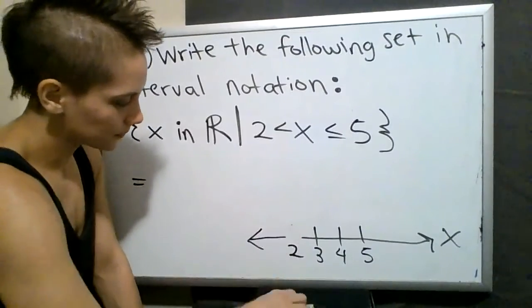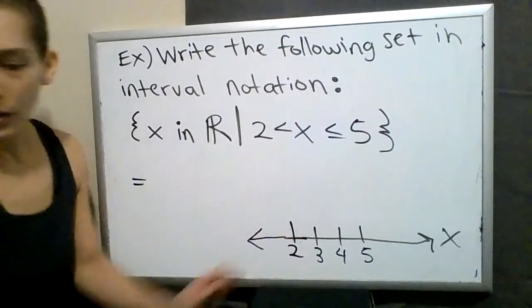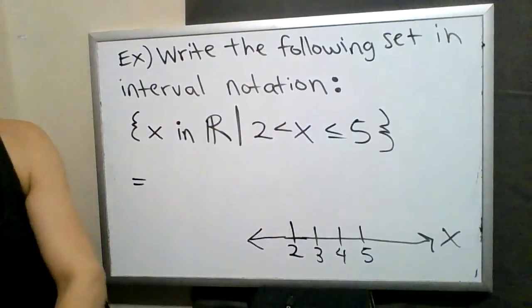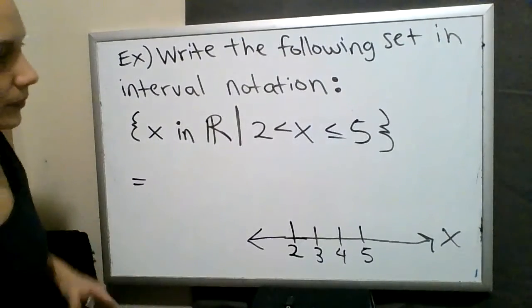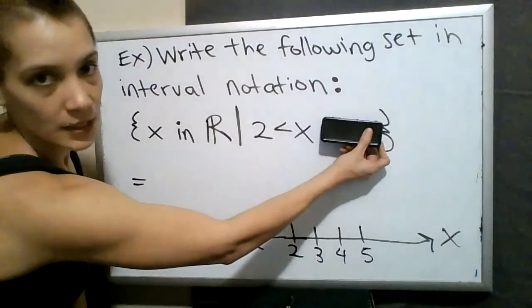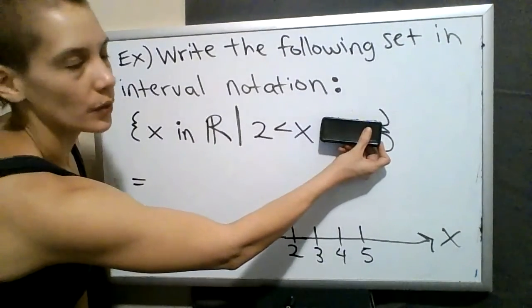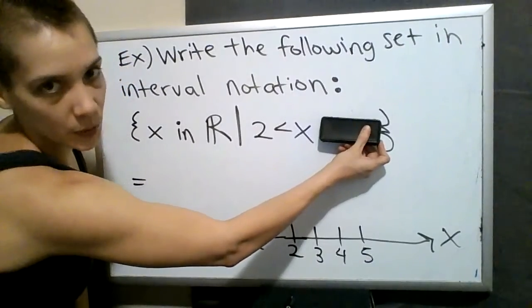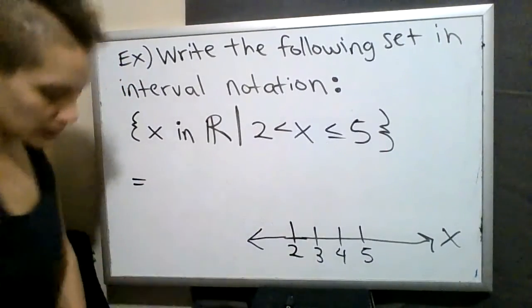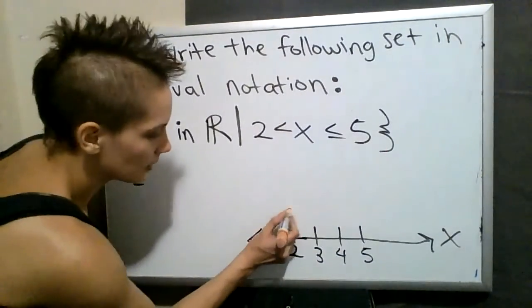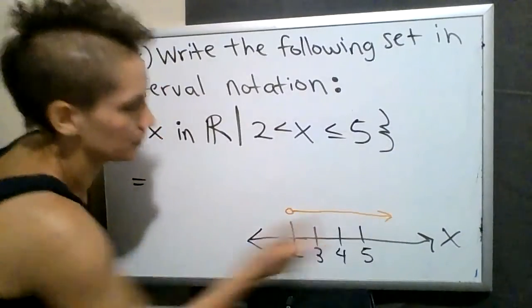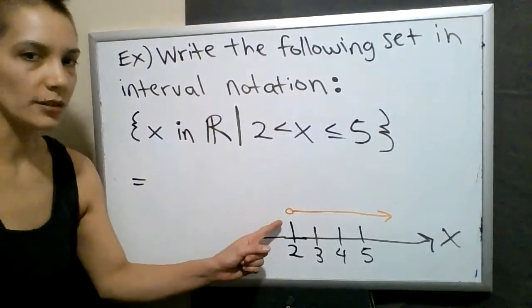There are 2 parts to the problem. X is greater than 2. So we start at 2, go greater than 2, and don't include 2, so it has an open circle.